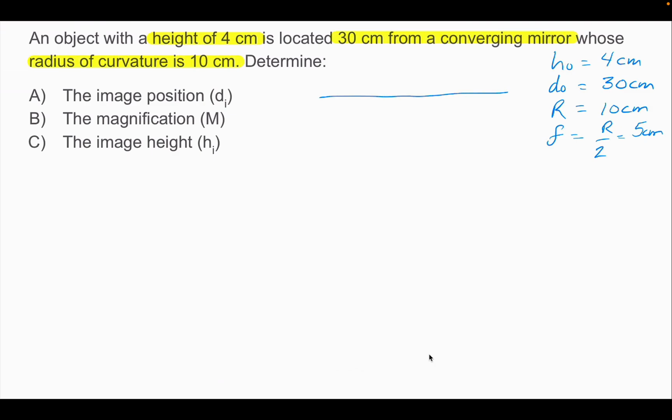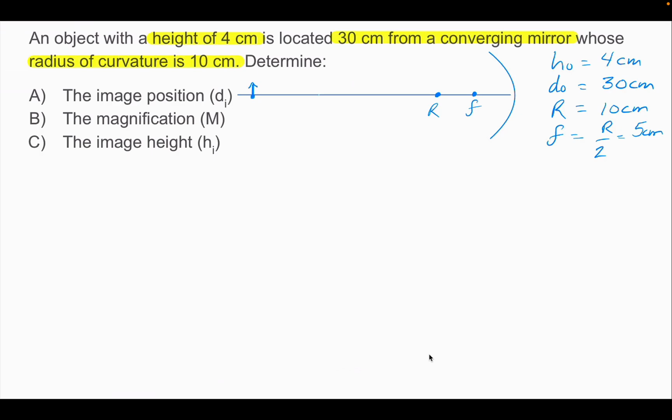I am telling you that we have this converging mirror, and that the center of curvature is here, so my radius of curvature there, and then this is going to be my F. I'm telling you that the object is over here and it is 4 centimeters high. This is my object right here.